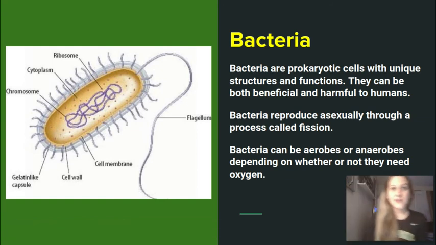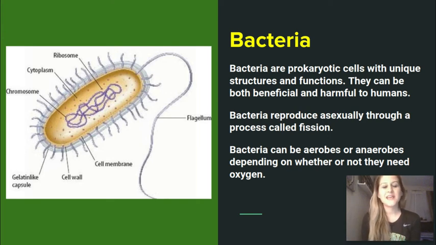Bacteria have some similarities and some differences with plant cells and animal cells. One way that bacteria cells are different is that they are prokaryotic cells. That word prokaryotic is a word that you have heard already this year. You know that prokaryotic cells do not have a nucleus.